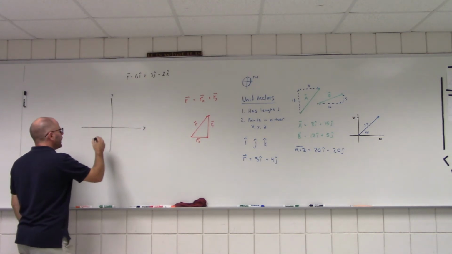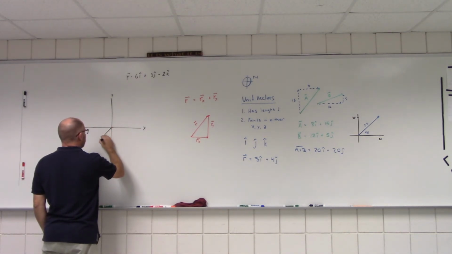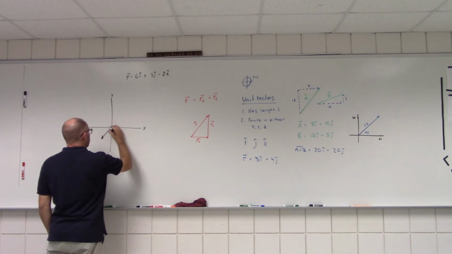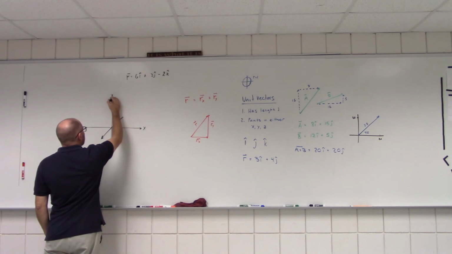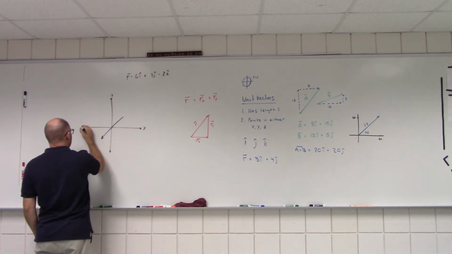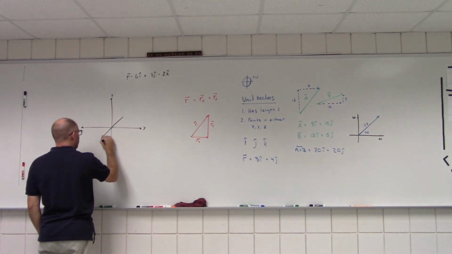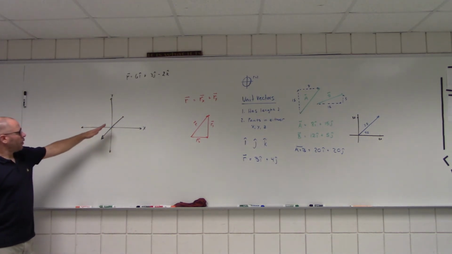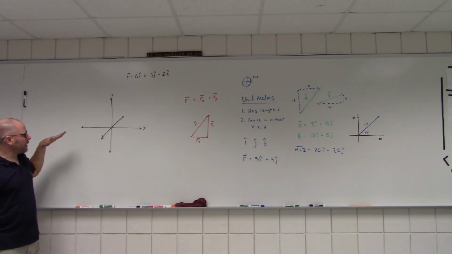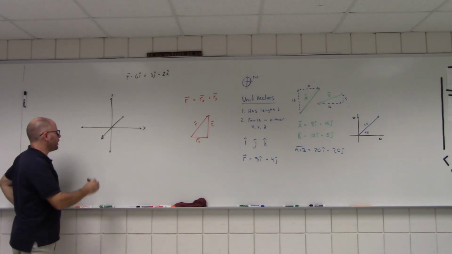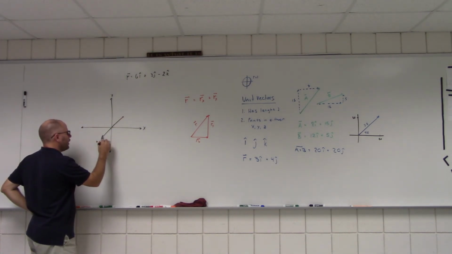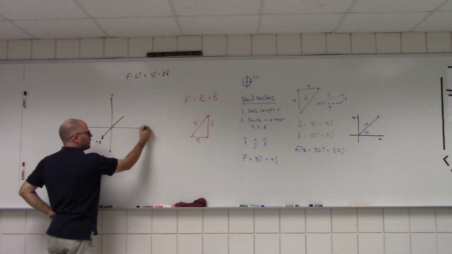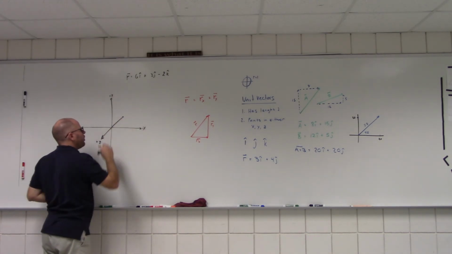Well, the way that we draw it looks kind of like this. The z is pointing out at us, and then this z is going back. This is the positive z here. This is the negative z in that direction. This is the positive x. This is the positive y.